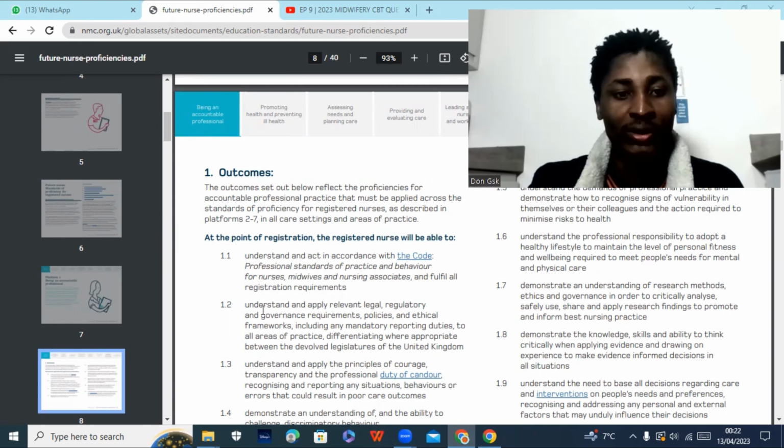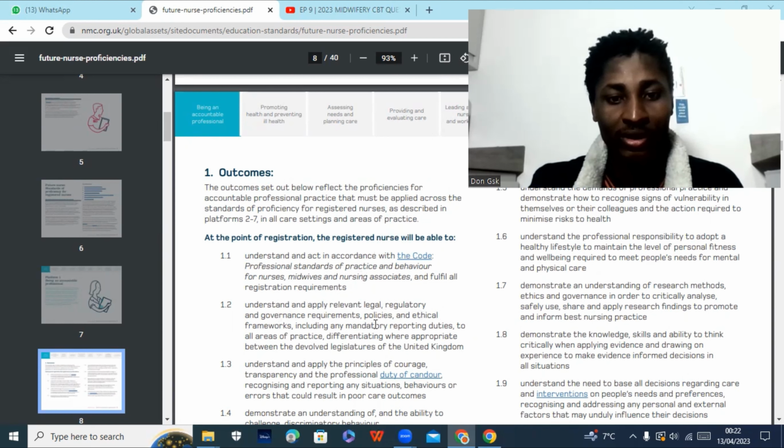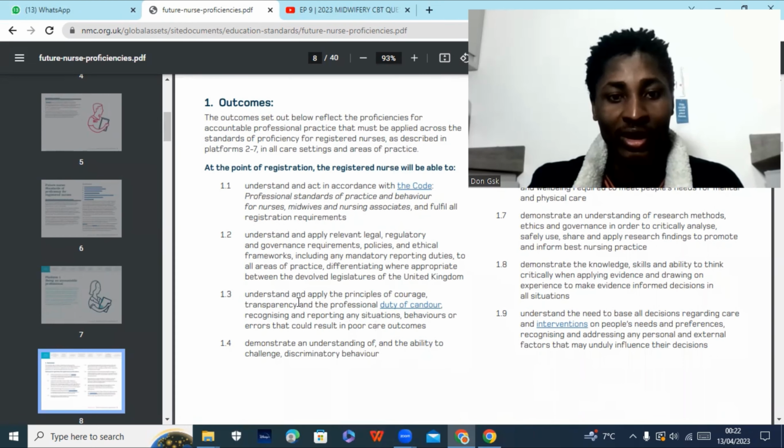The next one, understand and apply relevant legal, regulatory, and governance requirements, policies, and ethical frameworks, including any mandatory duties to areas of practice, and so on. Next, understand and apply the principles of courage, transparency, and the professional duty of candor.